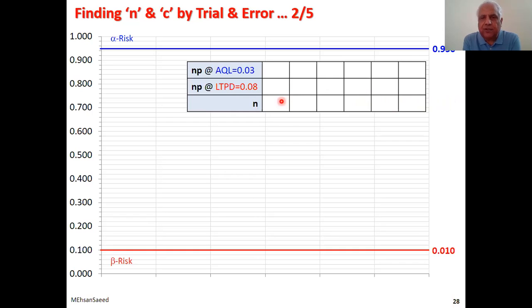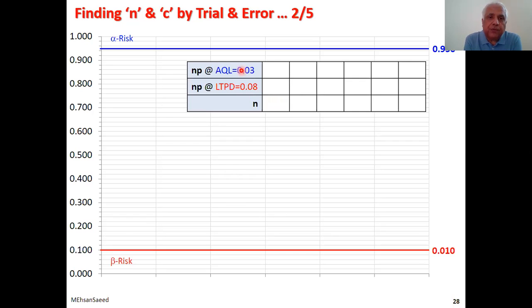Just as in the case of internal rate of return, you started with 15%. Here we will start with 100 and then tweak it up and down, remembering the concept that if the sample size is increased, it is to the advantage of the buyer and to the disadvantage of the seller. And if the acceptance level is changed, it is to the advantage of the seller and to the disadvantage of the buyer. So those should be at the back of your mind.